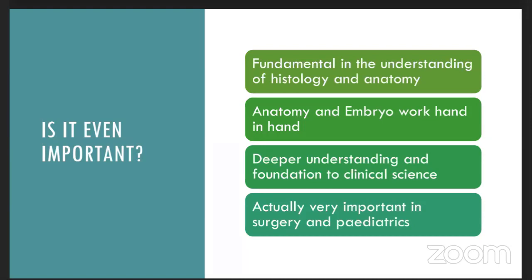Anatomy and embryology really work hand in hand, because you can understand the segregation of certain structures, for example why the blood supply to the foregut in the abdomen is related to this blood supply, and why the midgut is related to that blood supply, because it all comes down to embryology, right?